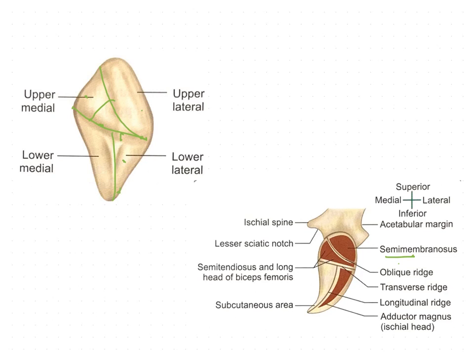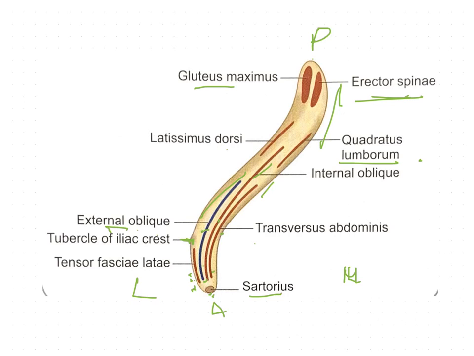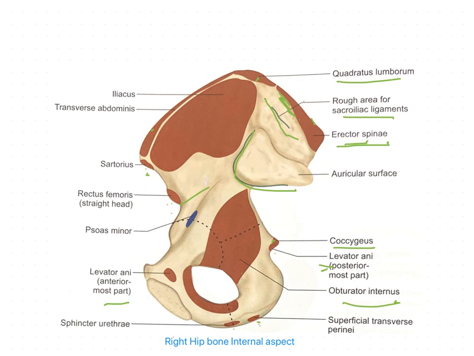This is very important for viva. You have to mention the muscles which are attached or originate at the ischial tuberosity. Some frequently asked viva questions on muscle attachments are: what are the muscles attached on the anterior superior iliac spine, and also the ischial spine.